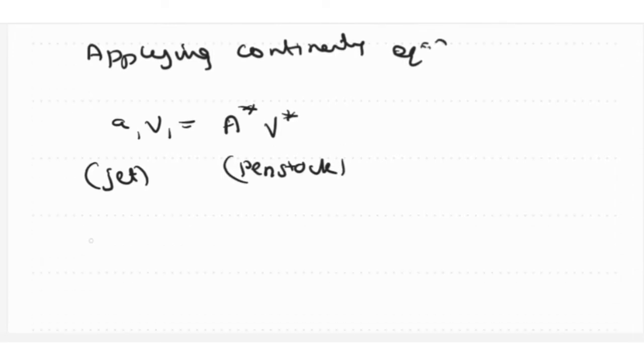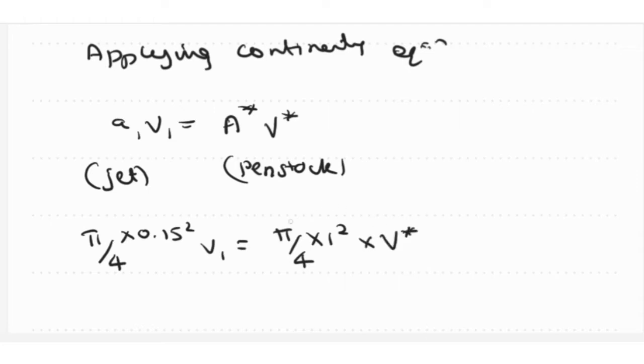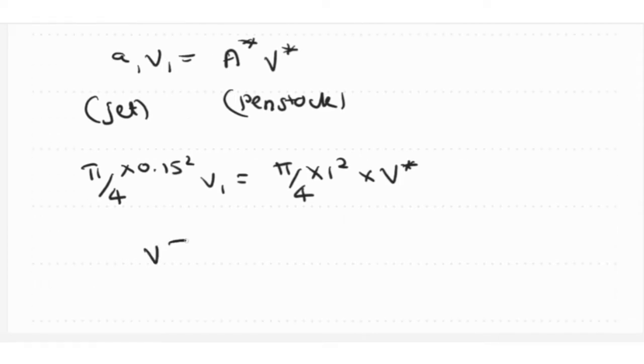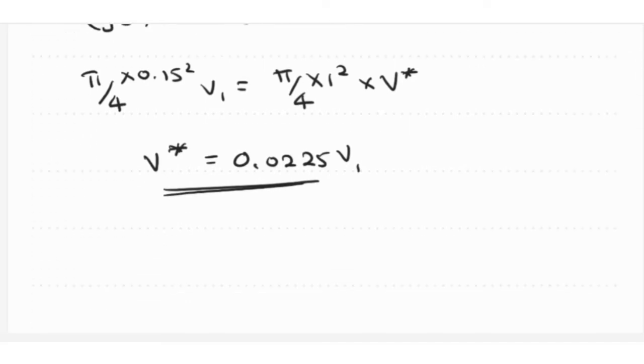Substituting the values, pi by 4 into diameter of jet 0.15 square into V1, equals pi by 4 into diameter of penstock 1 square into V star. Solving this, we get the value V star, that is velocity of penstock, equal to 0.0225 V1. Next we have to apply the Bernoulli's equation.